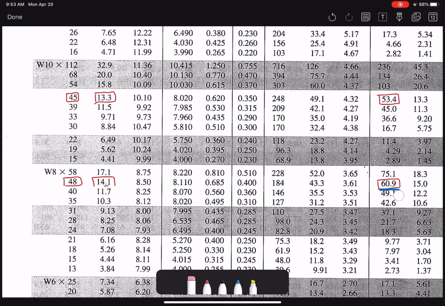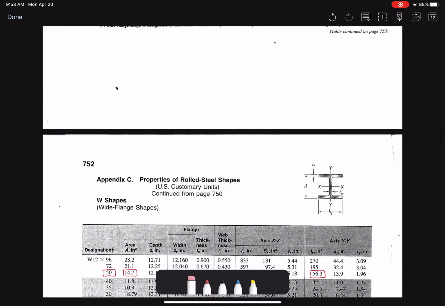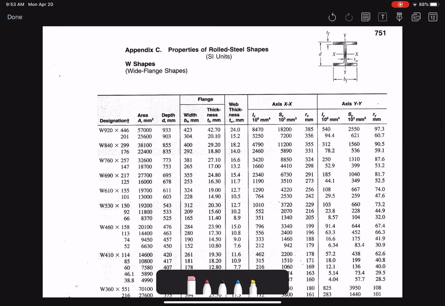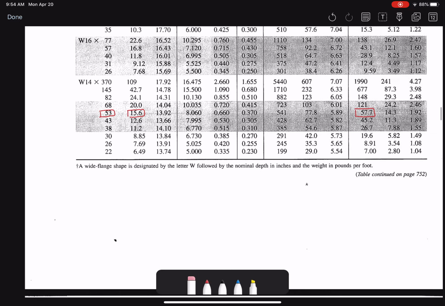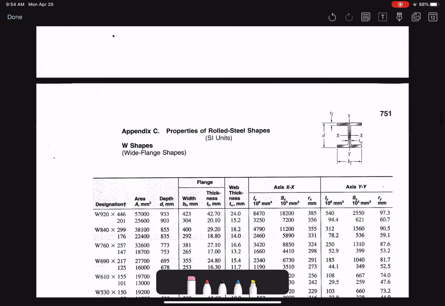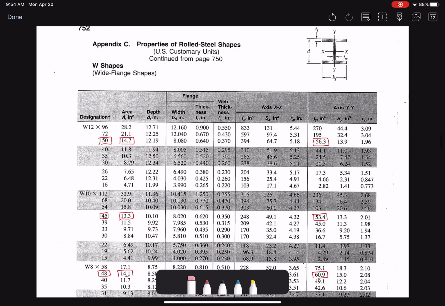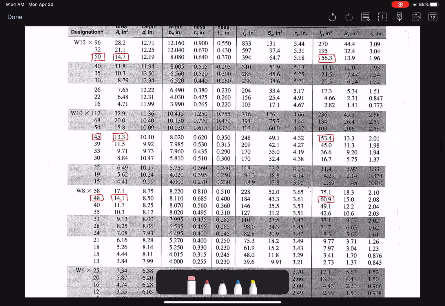So those are the 4 possible candidates that we can use for this design. First is W14 by 53. The second one is W12 by 50, then W10 by 45, and W8 by 48.